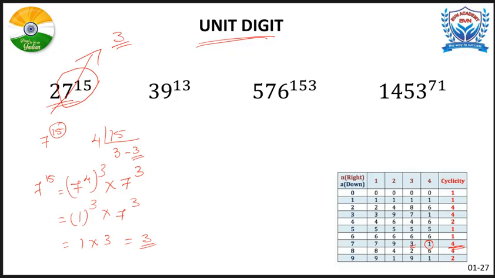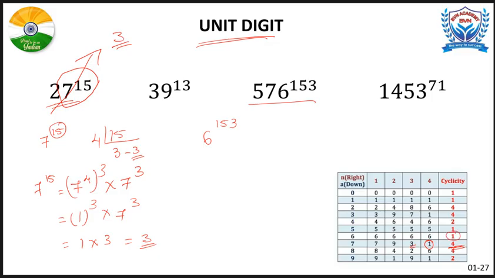Now we'll see 576 to the power of 153. The other two you can solve and you can post your answer in the comment section. Now, as I told you, please consider only the unit digit, that is 6 to the power of 153. The cyclicity of the number 6 is 1.